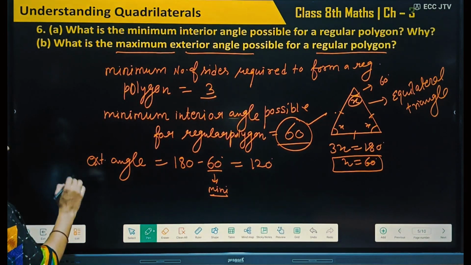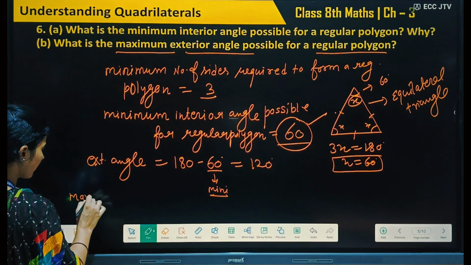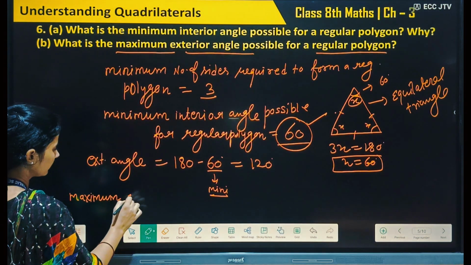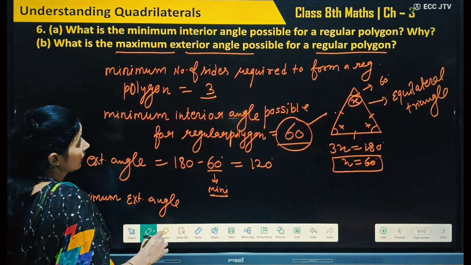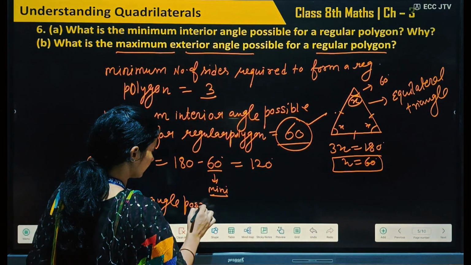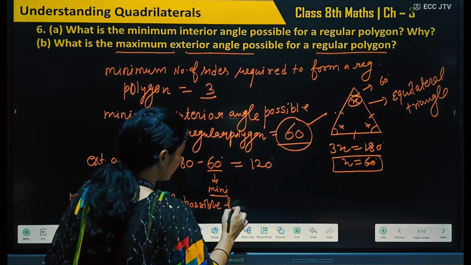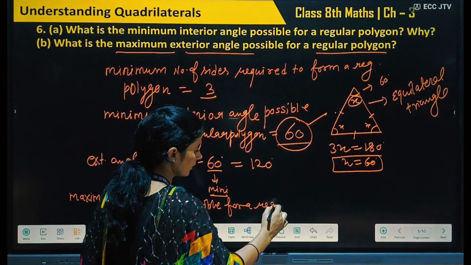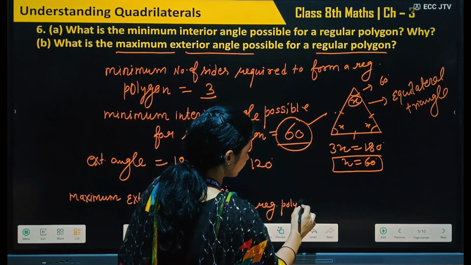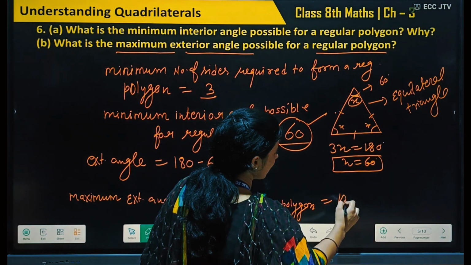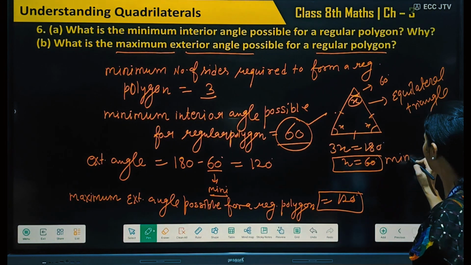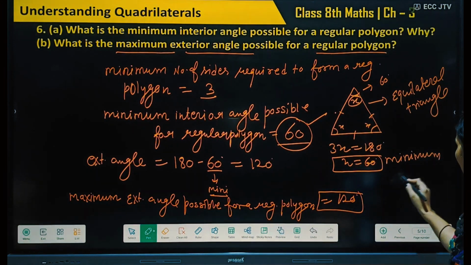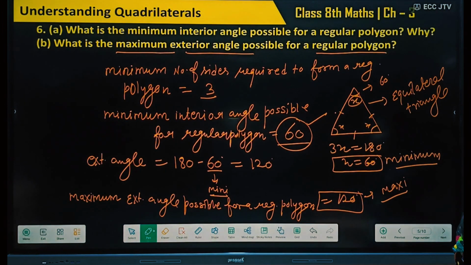So the maximum exterior angle possible for a regular polygon is 120 degree. This is minimum and this is maximum.